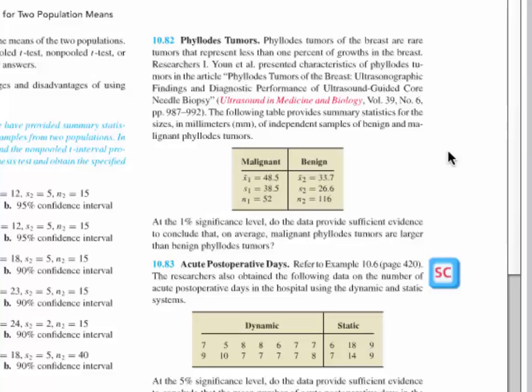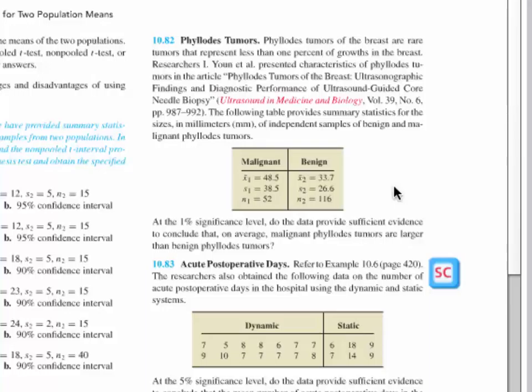This is the size of tumors in millimeters, with the standard deviations and the sample sizes: 52 malignant tumors and 116 benign tumors. The sample mean of the malignant tumors is 48.5 millimeters, benign 33.7.